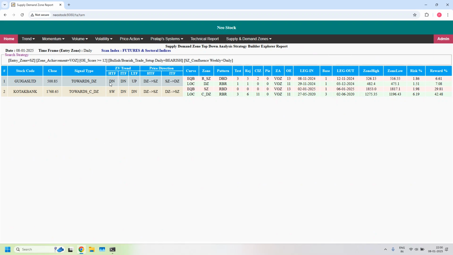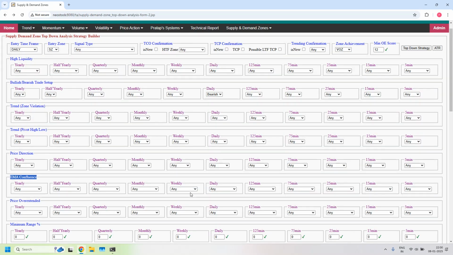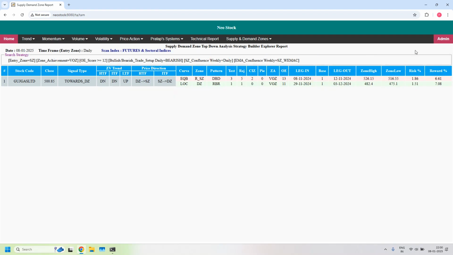Now let's verify: both are in downtrend, ITF trend. Daily zone is part of weekly. Let us verify weekly supply zone having weekly EMA confluence. So weekly time frame, weekly supply zone with weekly EMA confluence. One stock is filtered. This is an even more high probability trade setup supported stock.